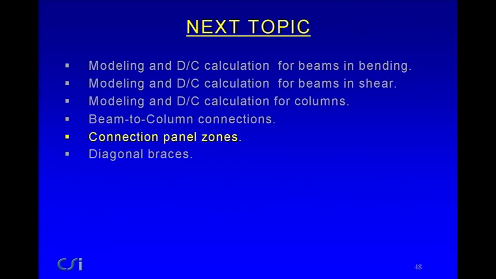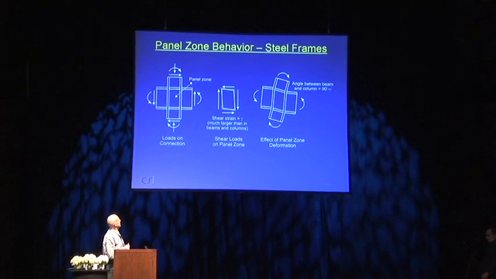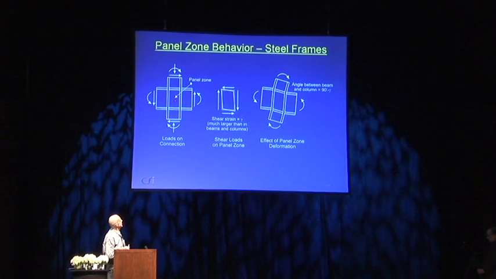Connection panel zones. I think you're probably familiar that the loads on a connection panel zone are basically moments and shears coming in from the beams, moments and shears going out of the columns, and basically moment is being transferred from the beams through the panel zone to the columns, or vice versa. The effect of this is that it puts a rather large shear stress on the panel zone.